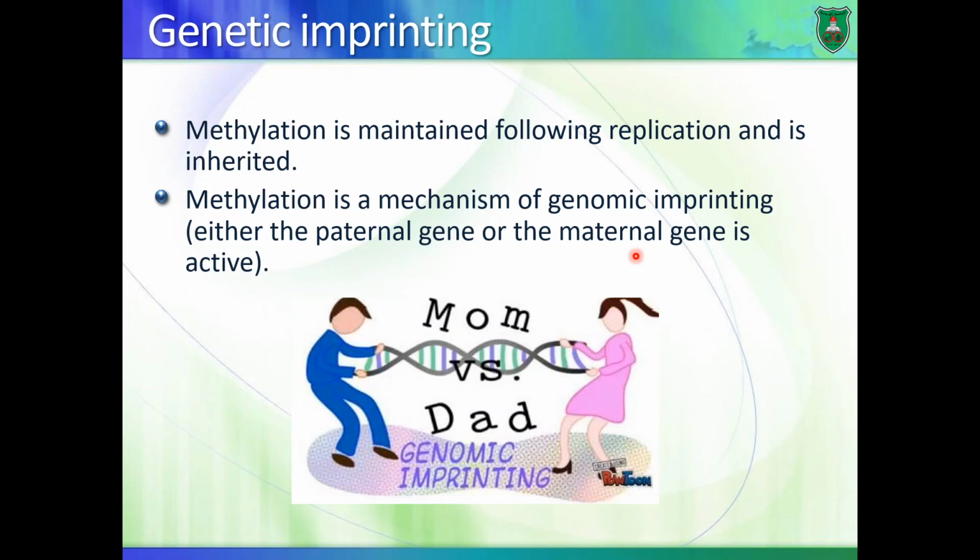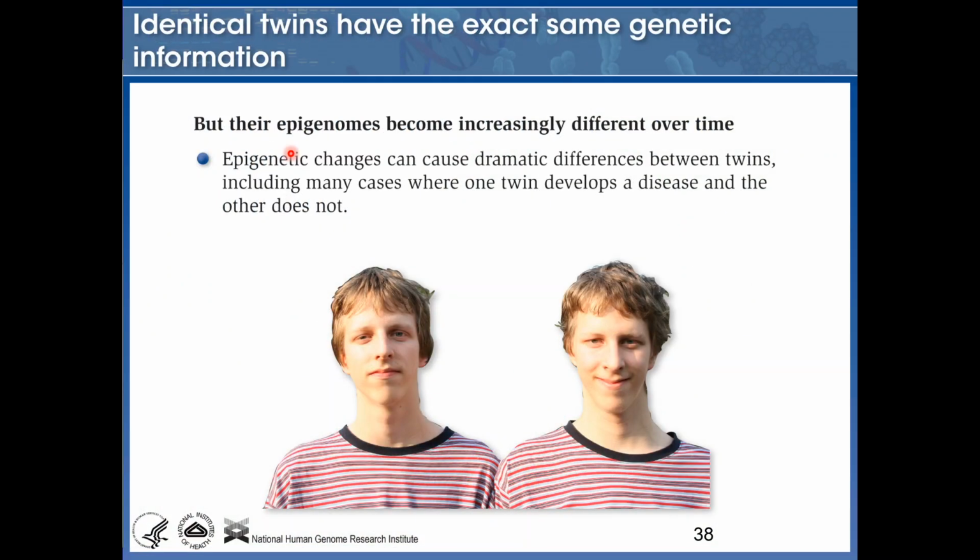So how can we inactivate the maternal genes or the paternal genes? Well, it's by methylating DNA at cytosines. Okay, so now this is epigenetics. Now look at these two twins. Okay, they are identical twins, right?